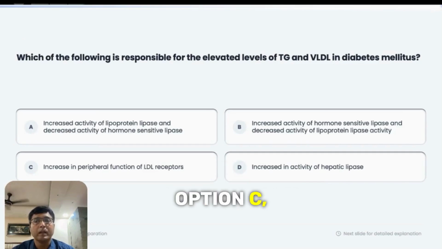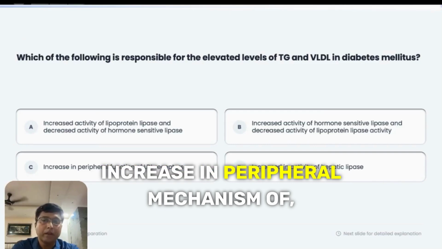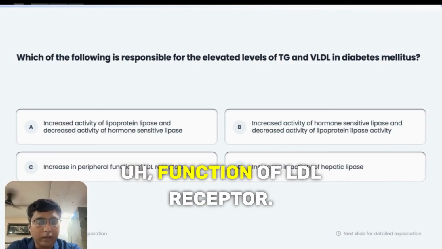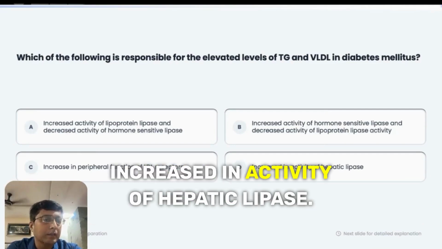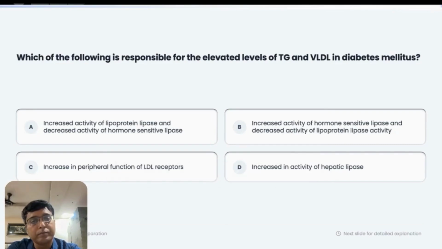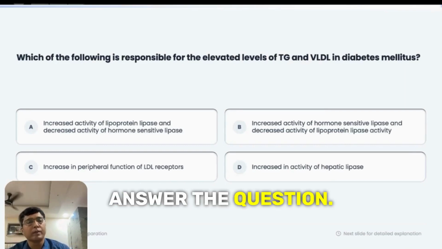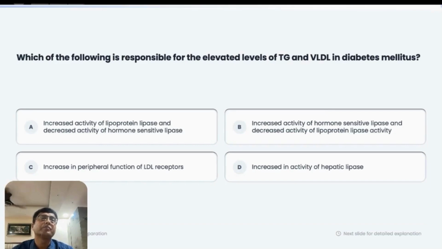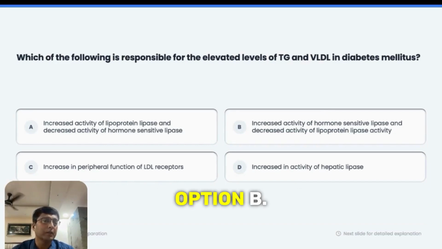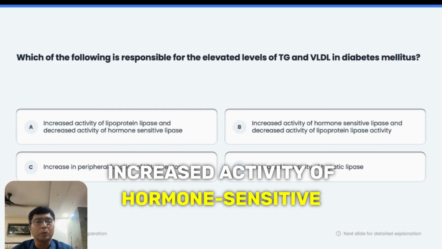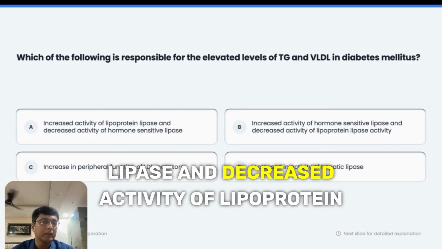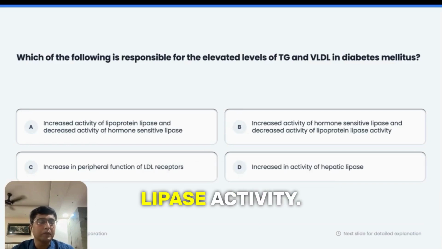Option C, increase in peripheral function of LDL receptor, and option D, increase in activity of hepatic lipase. So go through the options and answer the question. The right answer is option B, increased activity of hormone sensitive lipase and decreased activity of lipoprotein lipase.